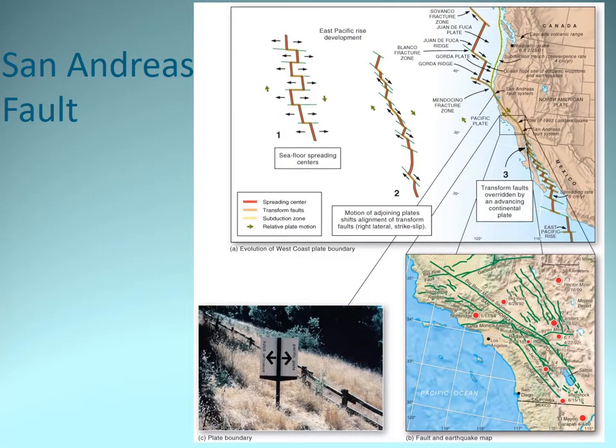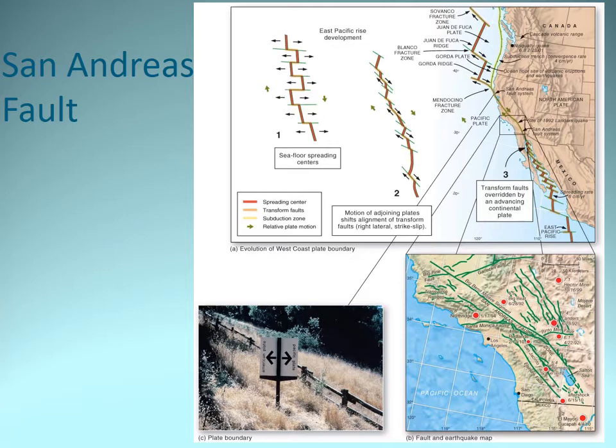Here's just a few more diagrams describing the San Andreas Fault. If you look on top, it's showing you that these transform faults and strike slip faults are basically the same thing. And the San Andreas Fault is a right lateral fault.